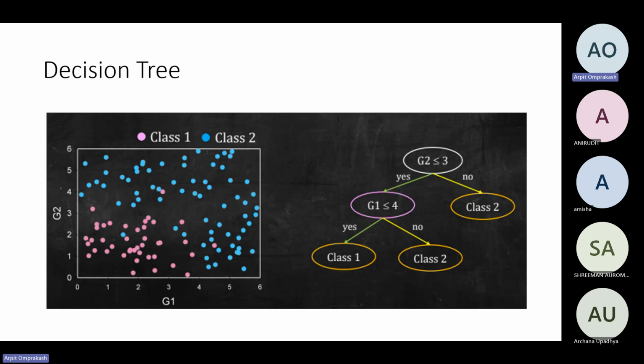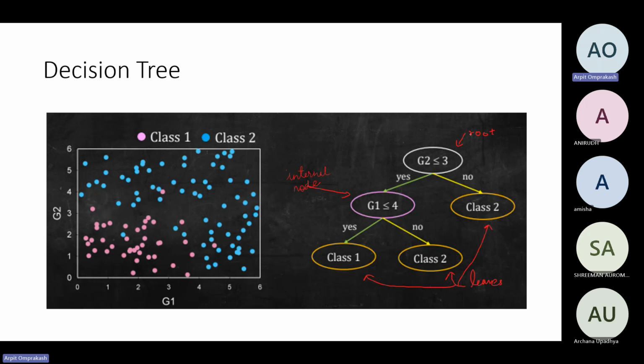So decision tree is our first algorithm for classifying. In a decision tree, let's say you have data points like this. You have a tree kind of structure here, which takes decisions at each point. Each of these things is called a node.